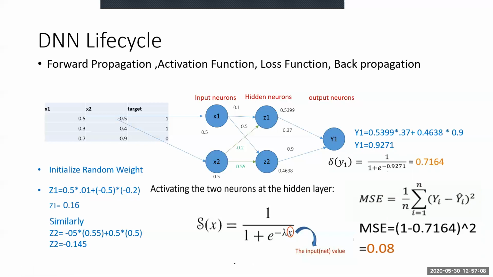So the actual value was 1, and the predicted value is 0.7168, and this would be the mean squared error. So this whole process, calculating the value of y1 and then calculating the loss function, is called forward propagation, because it goes in one direction.